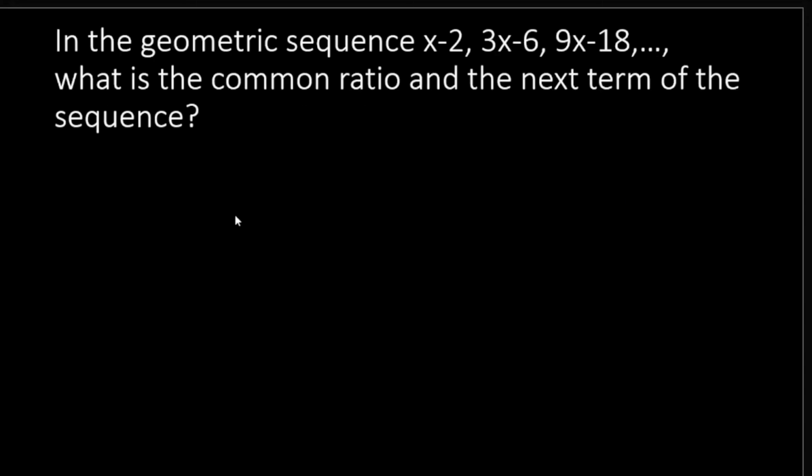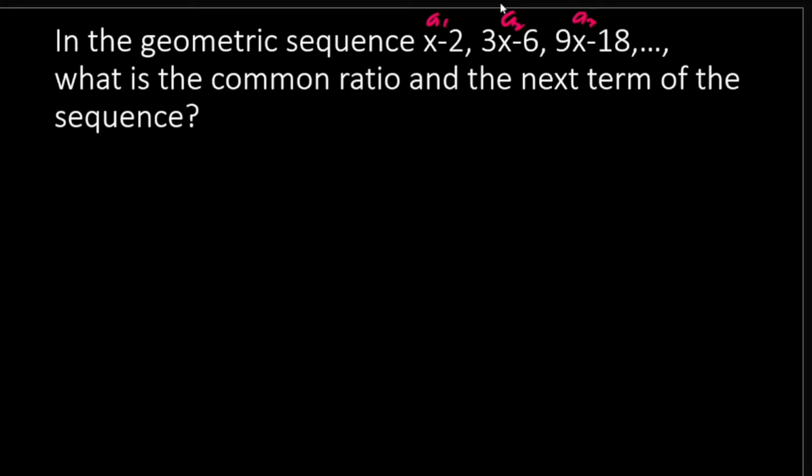In the geometric sequence x minus 2, 3x minus 6, 9x minus 18, what is the common ratio and the next term of the sequence? So since this is a geometric sequence, again, this is our a sub 1, a sub 2, a sub 3.